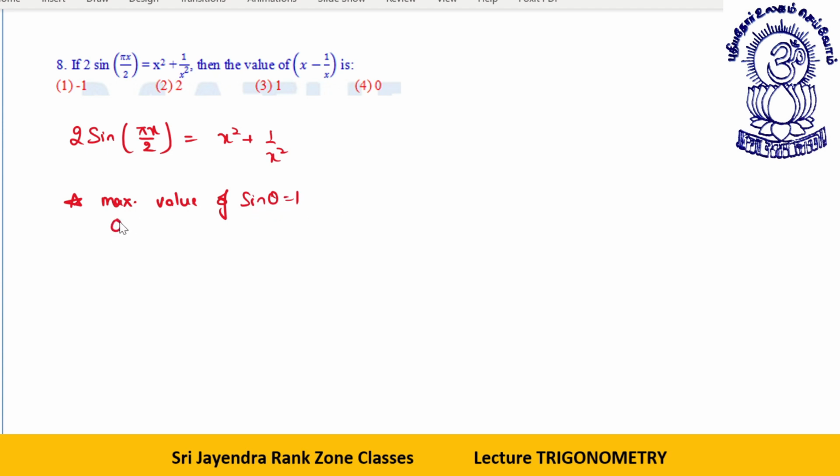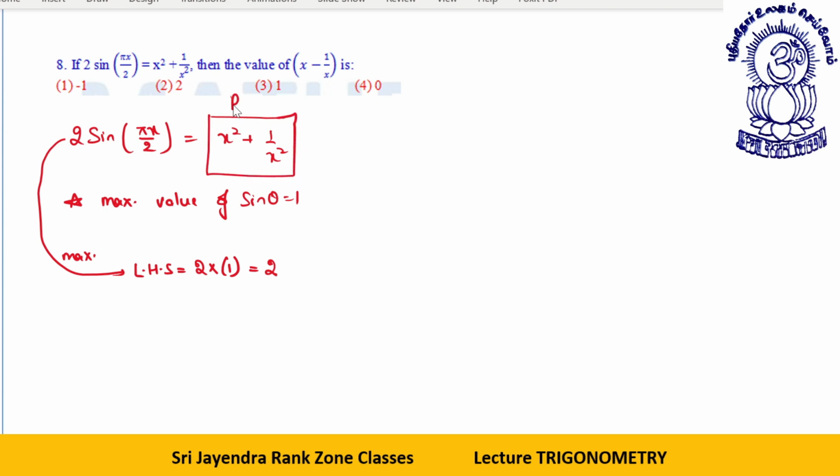Theta can be any angle. For any value of theta, the maximum value of sine theta is 1. So the maximum value of this LHS is equal to 2 into 1, that is equal to 2. Okay, now this is RHS.